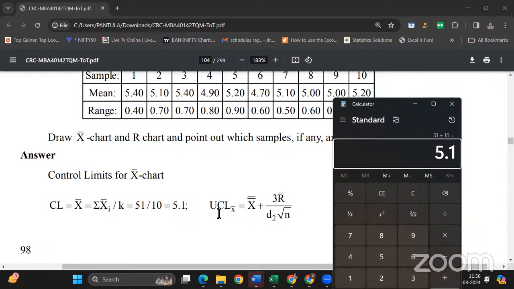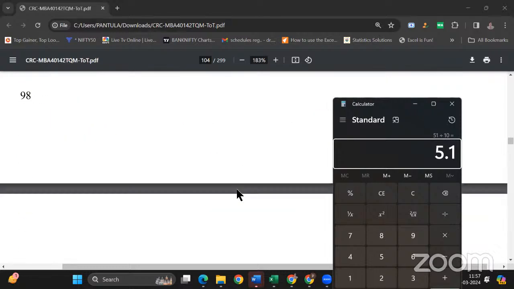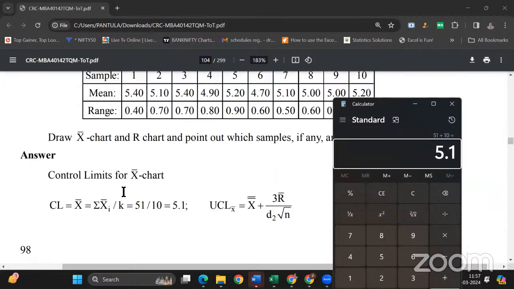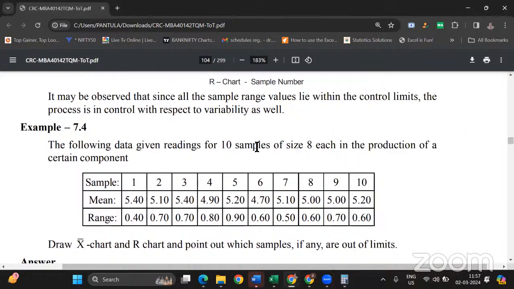Then we are going to calculate X bar upper control limit. X bar plus 3R divided by D2. Now you can see here, N is equals to how many samples they given? They given 8 samples.